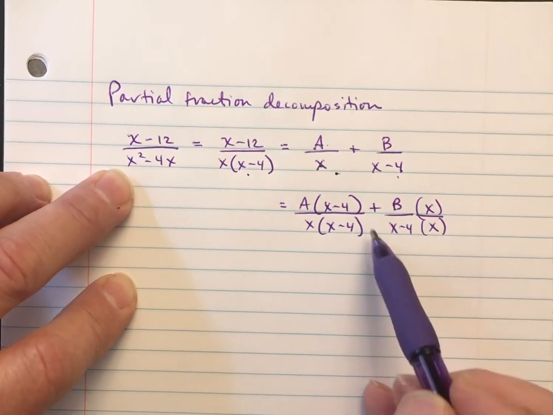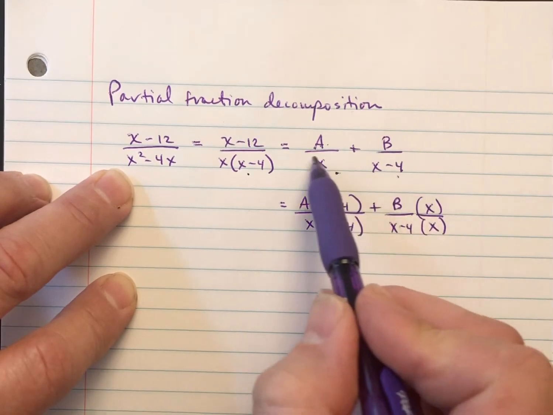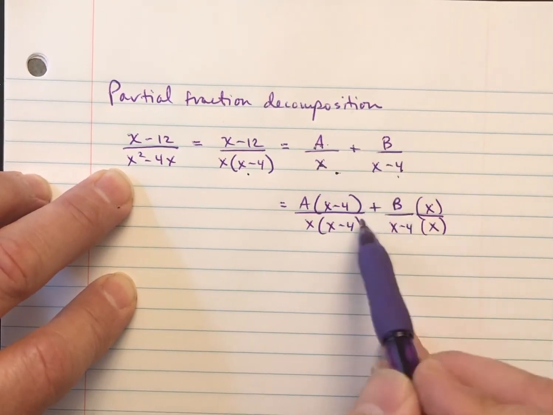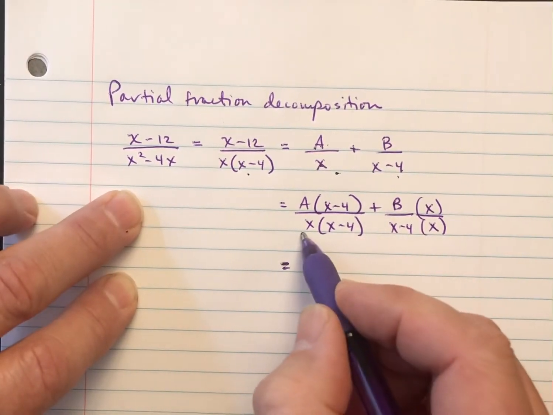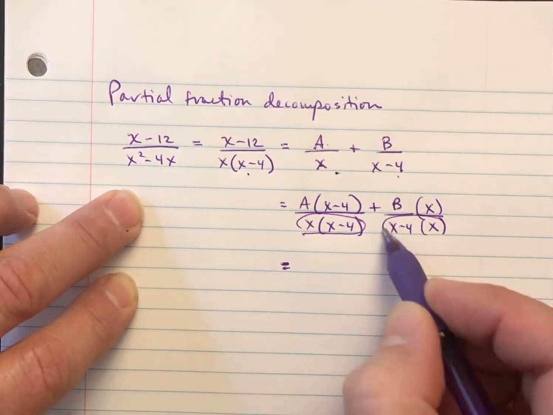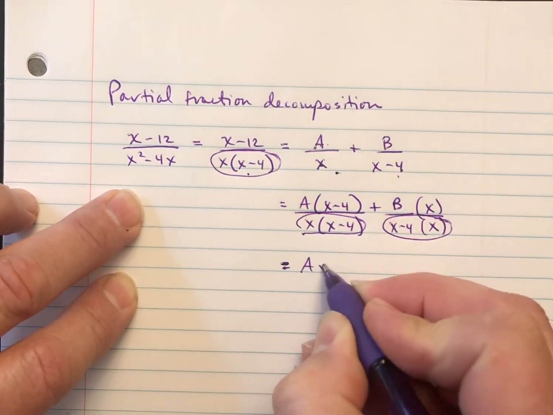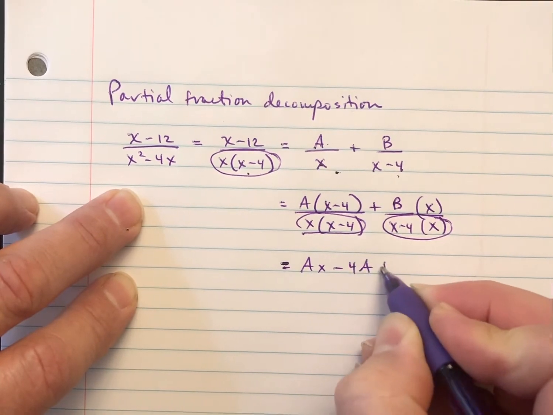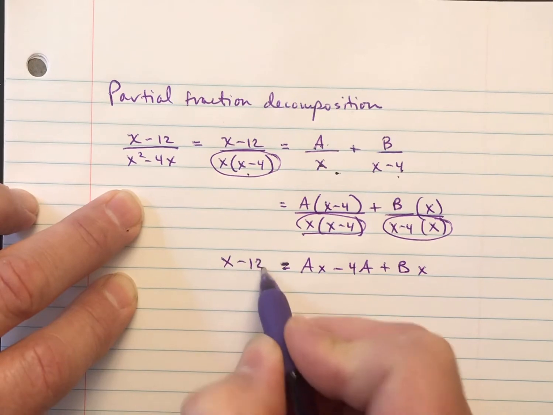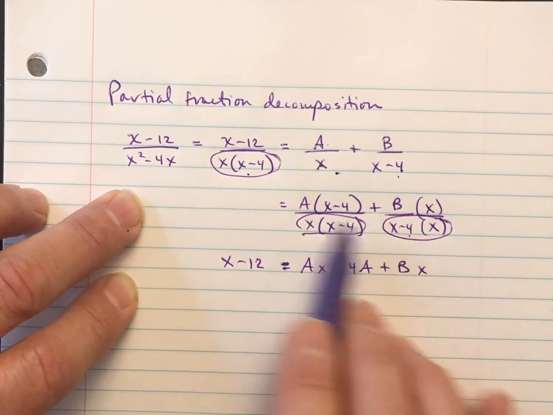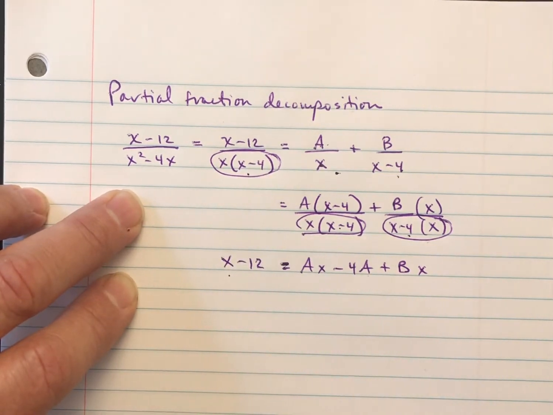So you can see that I'm really working backwards here, as I would be doing if I were combining fractions and getting a common denominator. Now, notice that this denominator is the same as this one. So that means that my numerators must be the same.